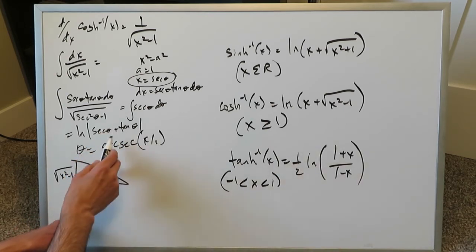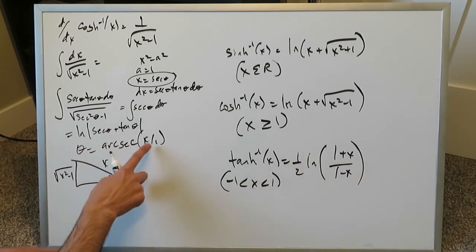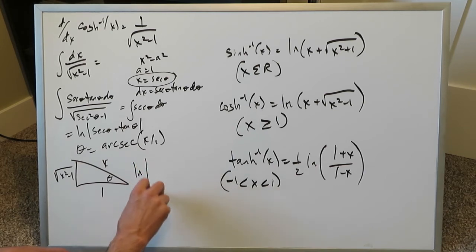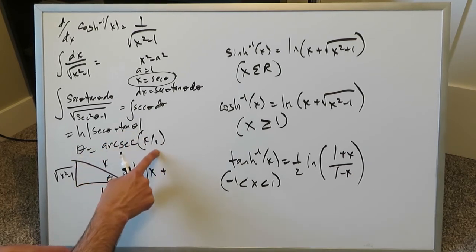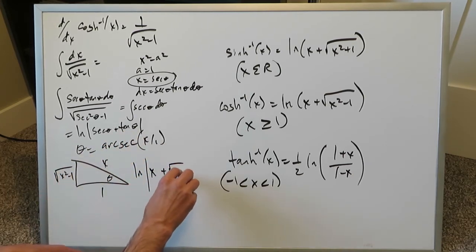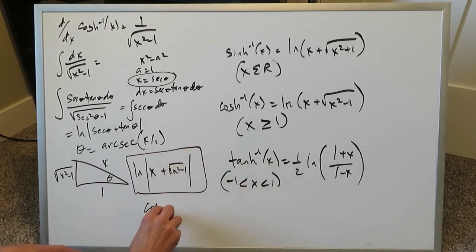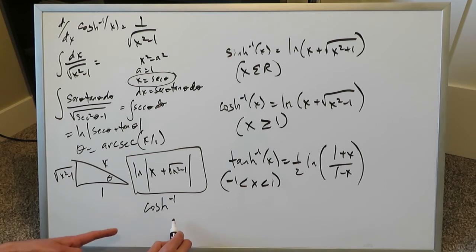What's secant of theta? You get secant of arc secant x, and that gives you x over 1. I'm not writing over 1. Then you're looking at tan of this theta, tan of arc secant x over 1, that's root x squared minus 1 over 1, and this right here gives you the definition that you want for your inverse hyperbolic cosine, as it is right over there.